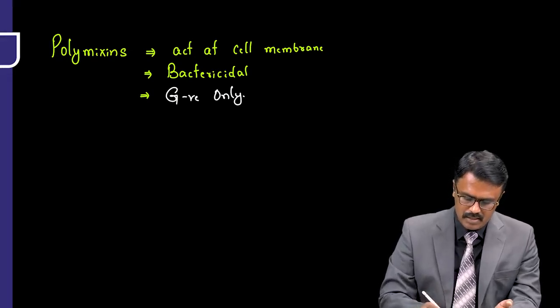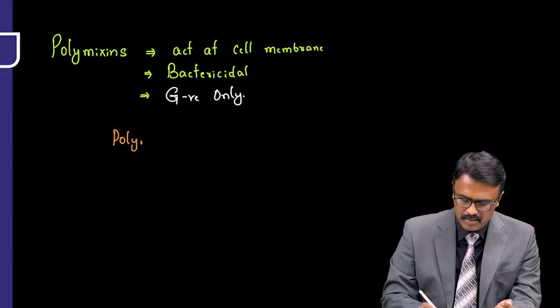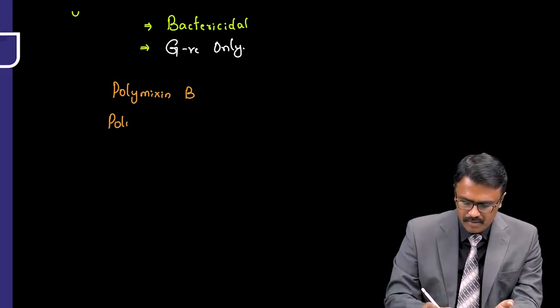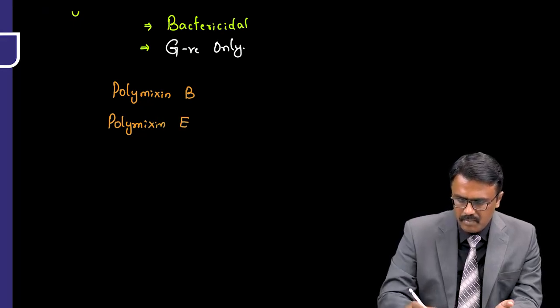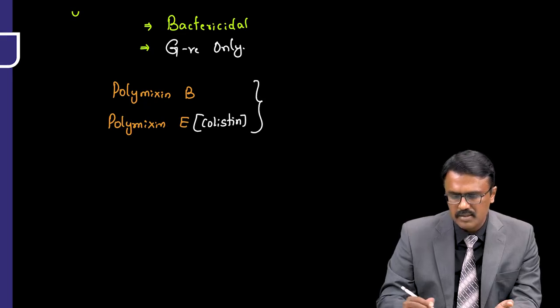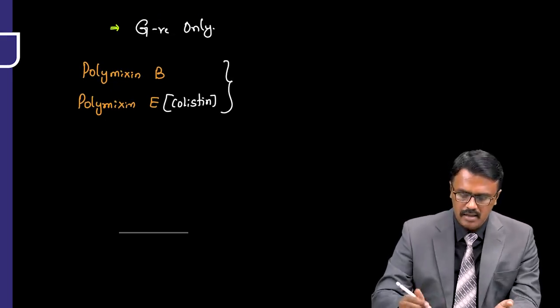So the drugs are polymyxin B and polymyxin E. Polymyxin E is also called by the name colistin. Now the problem with these two drugs is that they are highly nephrotoxic.